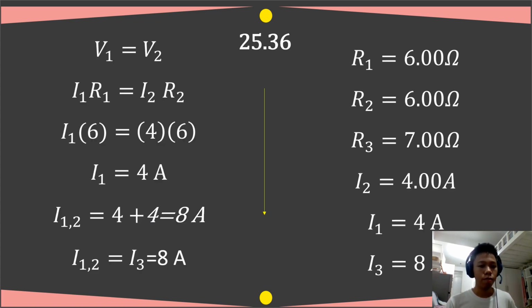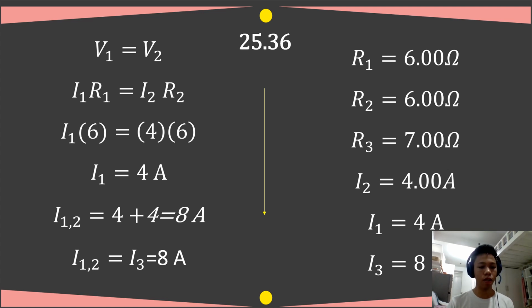Since the first two resistors are connected in parallel, their voltages are equal. Then we just substitute into the V equals IR formula and the given values, and you're going to get I1 equal to 4 amperes.